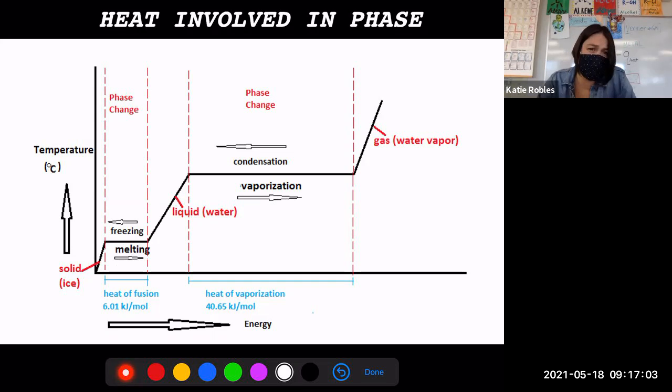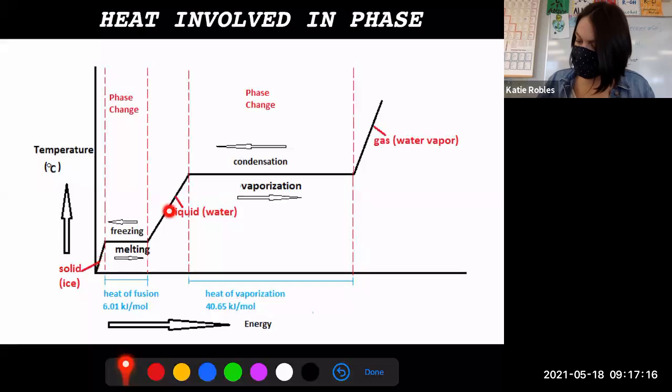This is the same picture, but I tried to pick one that had a lot more stuff in it. Here we go. Here's the solid, liquid, and gas portions. That's where the Q equals MC delta T exists on those graphs. Here we have it melts, it vaporizes, in this direction it condenses, and it freezes.